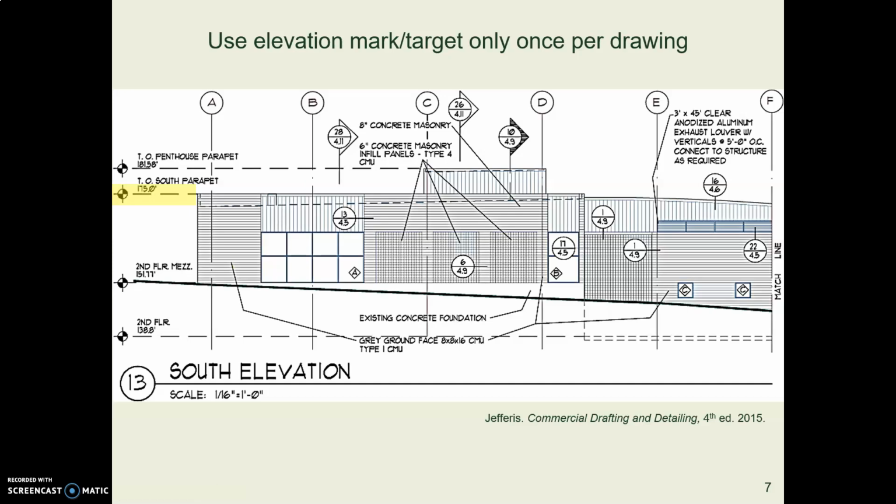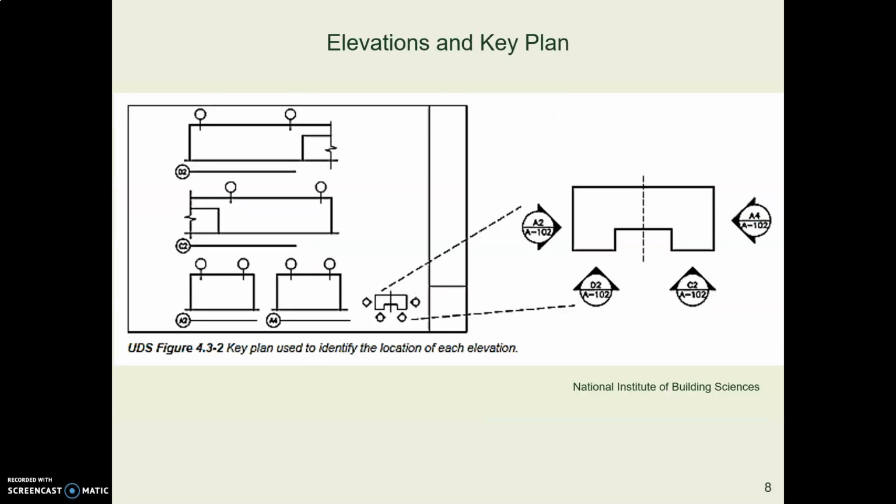What is going on is that in a big project, like for example the LCC campus, the architect will designate a baseline elevation that's going to be their 0 line. And they'll work that out with the surveyor. So some place on campus there's a benchmark and it says this is 0, and now all the buildings have their heights taken off of that. So that's what's going on there.